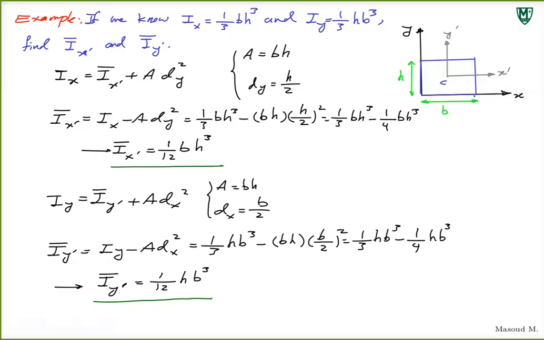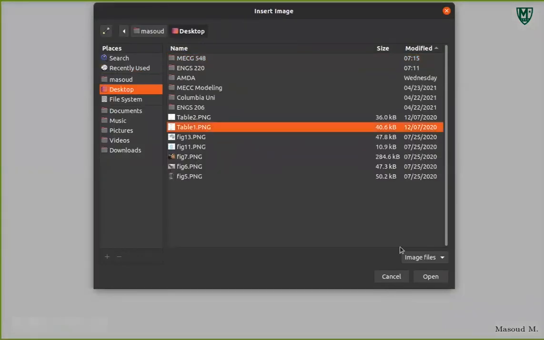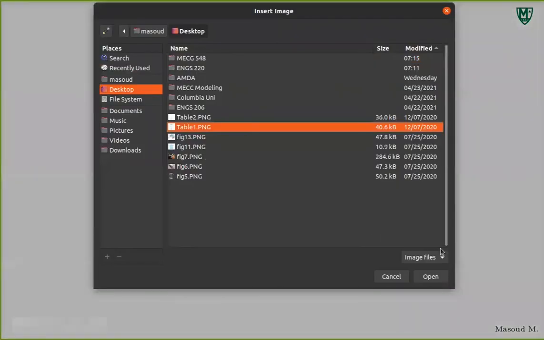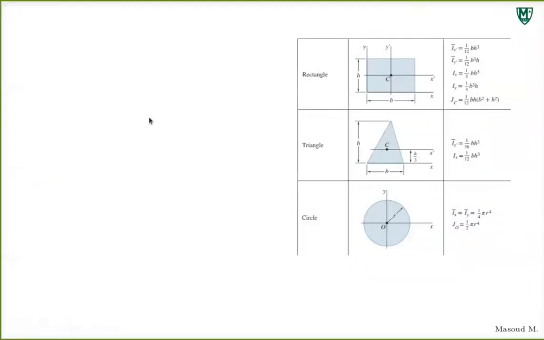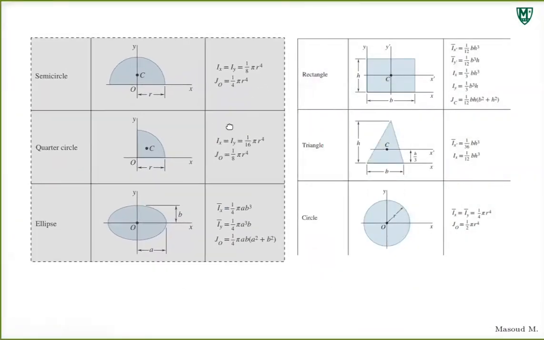Right? Let's first take a look at the tables. So these are the tables from table 1, and then table 2. All right.